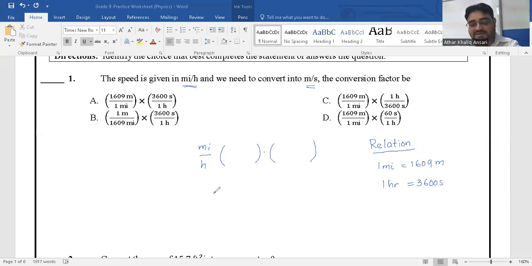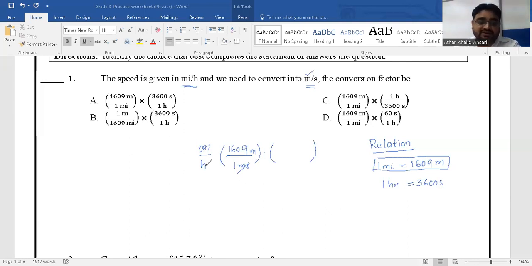For the first relation, 1 mile is equal to 1609 meters, I need to cancel miles, so I will make a fraction with 1 mile at the bottom and 1609 meters at the top. In this way miles cancel with miles and my concerned unit, meter, is obtained.